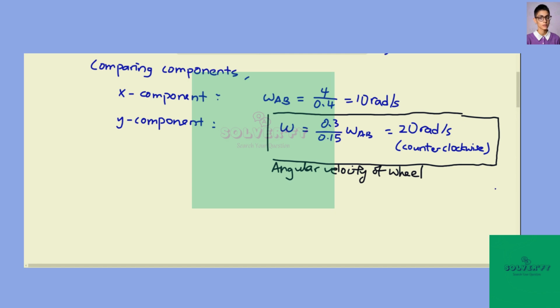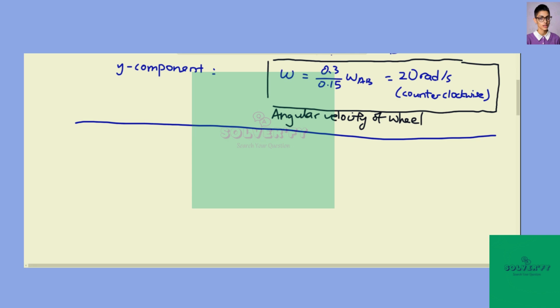Okay, next we work on the acceleration. We have the acceleration at A to be 0.15 omega squared i minus alpha j.